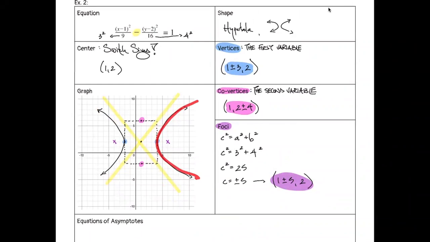So if the branches are side to side, the foci are also side to side. But if I had branches up here, my foci would be up here. So it depends on which way your hyperbola opens.